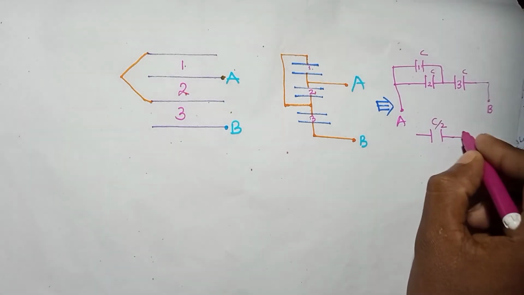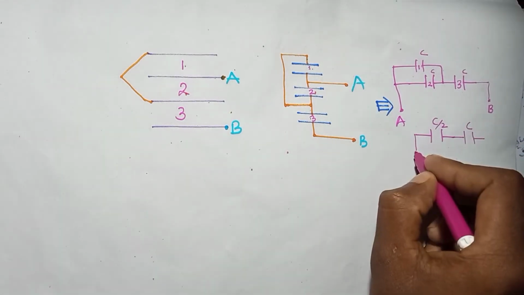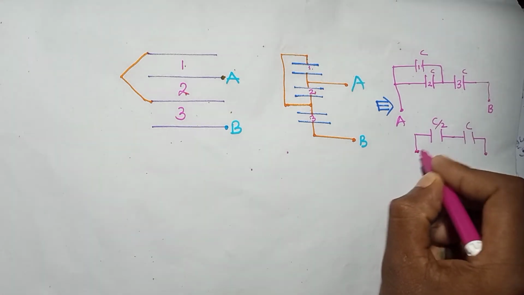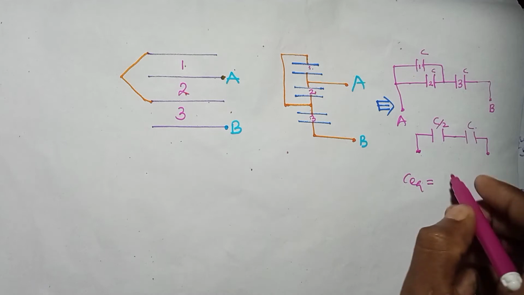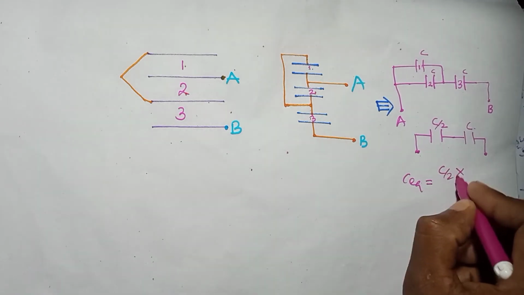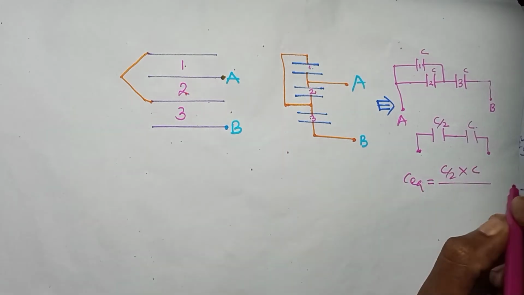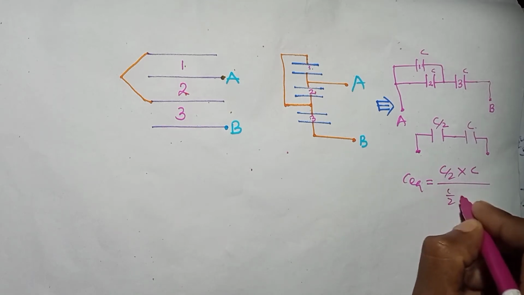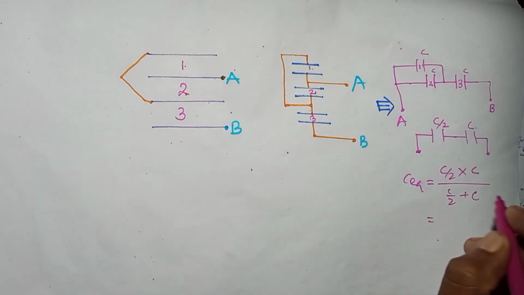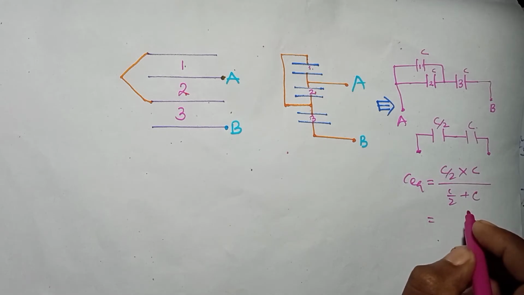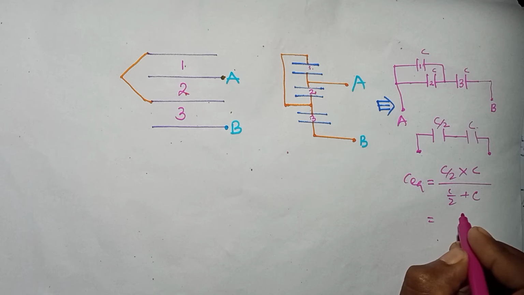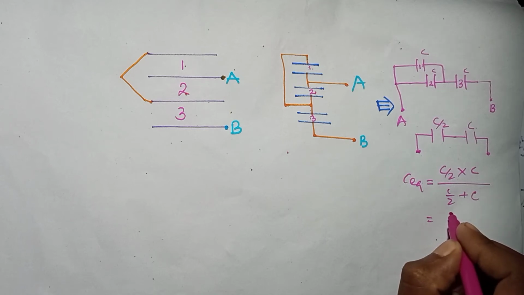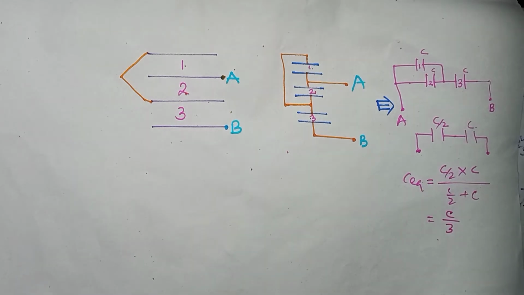C by 2 plus C. Since these are in series, their C equivalent will be the product upon the summation, C by 2 into C upon C by 2 plus C, so it will be C by 3.